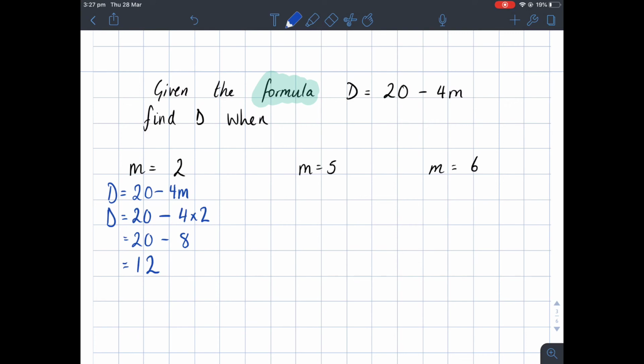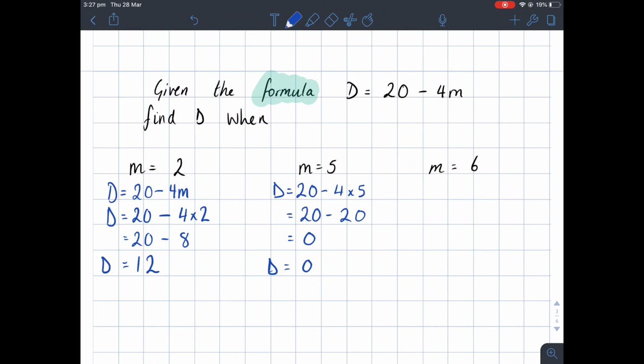When m is 5, we get d equals 20 minus 4 times 5, and 4 times 5 is 20, so 20 minus 20 is 0, so we would say that d equals 0. I should have written d down here, so d equals 12 when m is equal to 2, and when m equals 5, d equals 0.